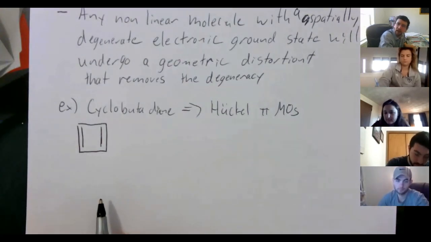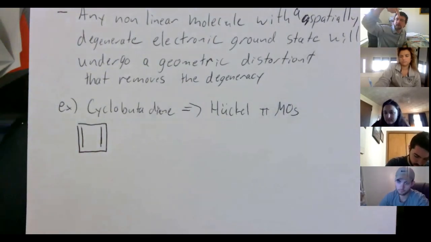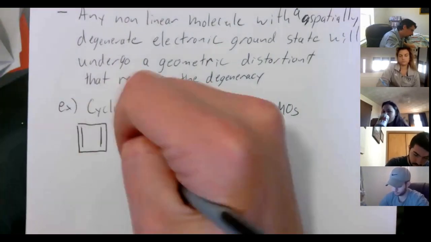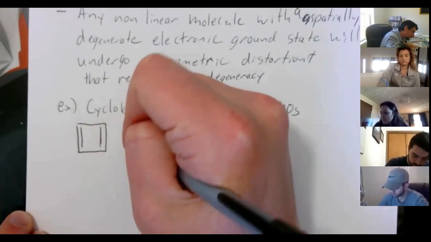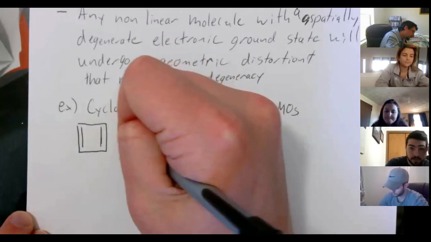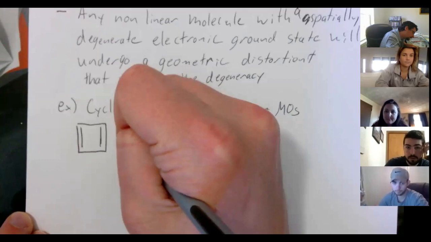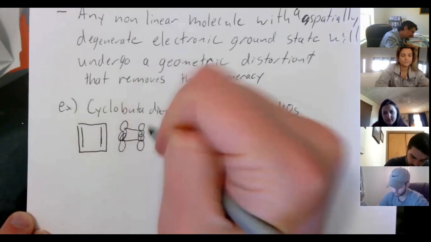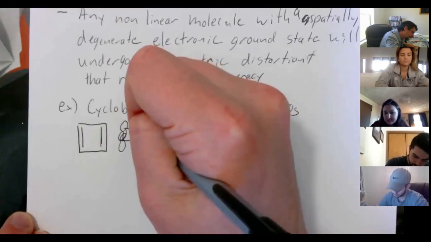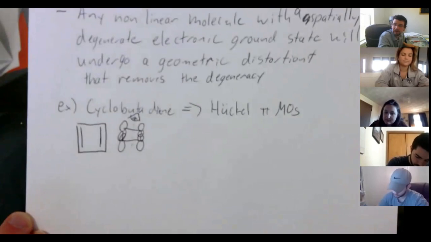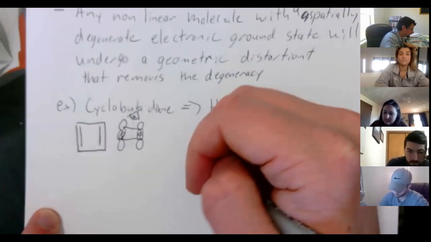Okay, let's draw out the pi MOs for this system. What we're going to do is look down on the pz orbitals that are sticking up. I'm going to try and draw a side view of this thing, which sucks, but we're going to be looking down on it.